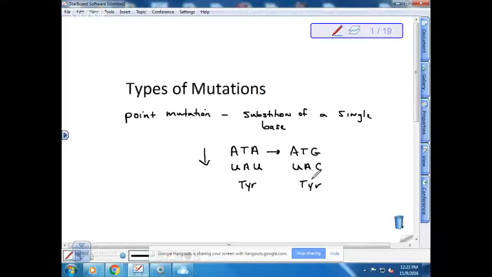So I just transcribed and then translated. I only know that it does because I just looked it up on the table, okay? So this is what we would call a silent mutation, meaning that the change in the genetic code has no change on the protein structure.